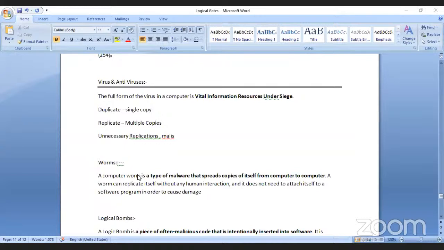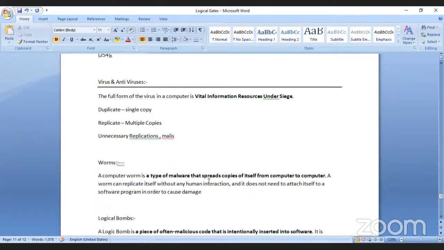So here, just see, worms. It is a type of virus. It spreads multiple copies from computer to computer. Malware means malicious software, and a worm can replicate itself without any human interaction. Am I doing the replication?